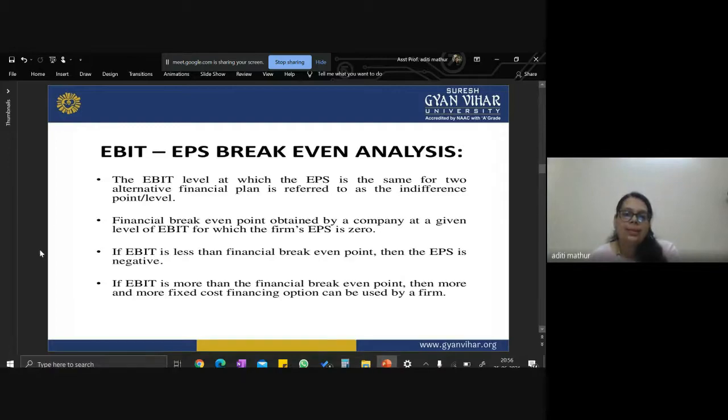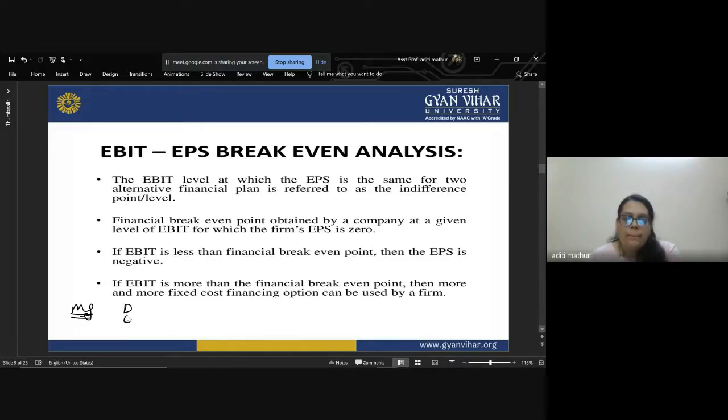Now the management drafts their different plans. That means they have different options of debt to equity in front of them, right?